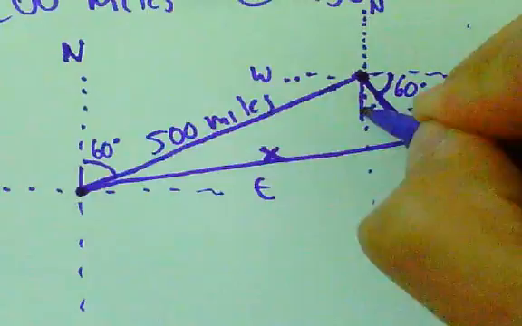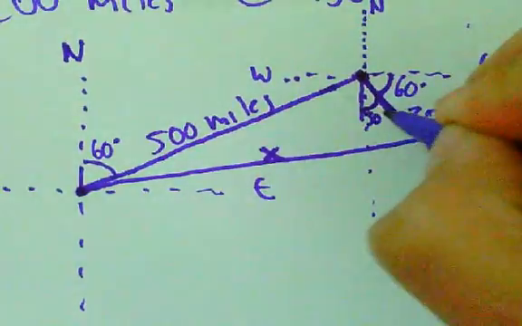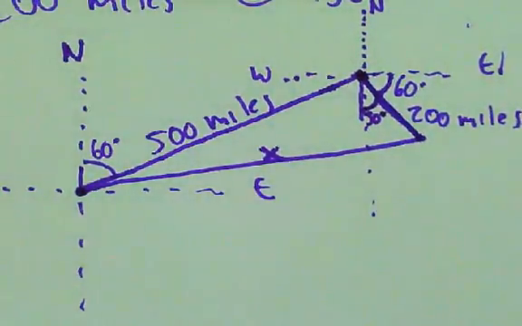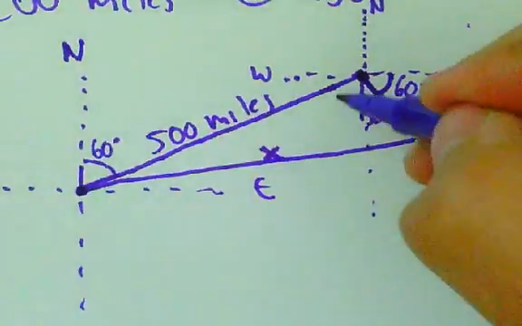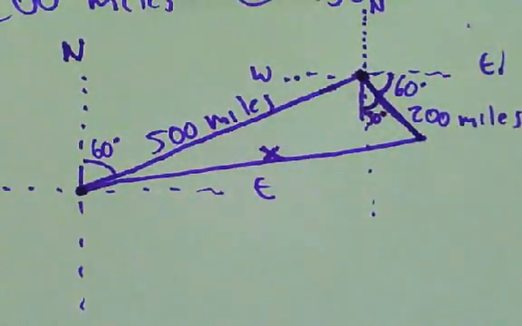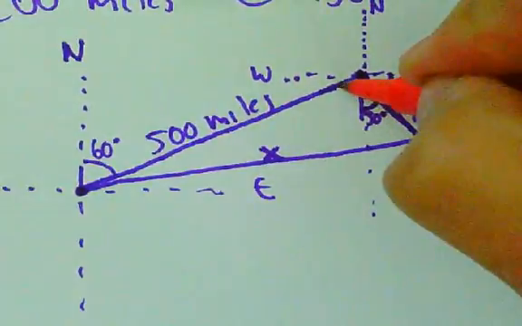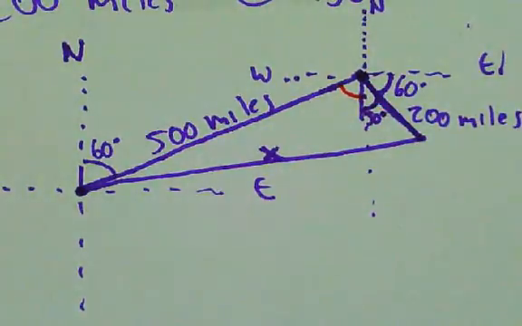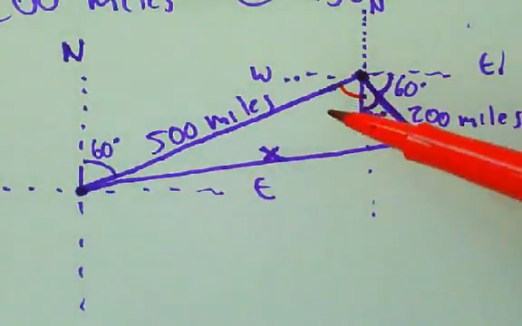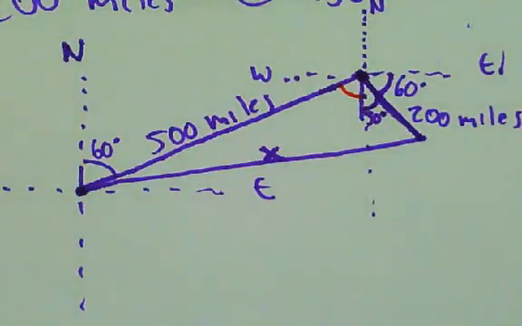Questions about why that's 30? Now, I need to figure out, let me change colors, what this is right here in the red. If it's 60, then it's going to add up to 90, and then we're going to be able to use Pythagorean theorem, right? But if it's not 60, we're not going to be able to use Pythagorean theorem. Agreed? All right, how can we determine if that's 60?